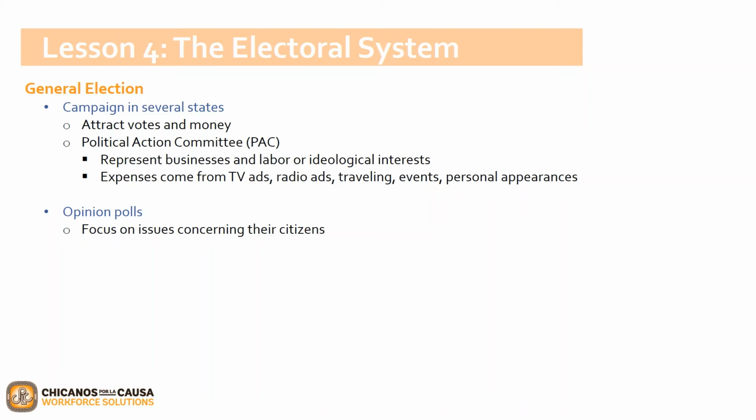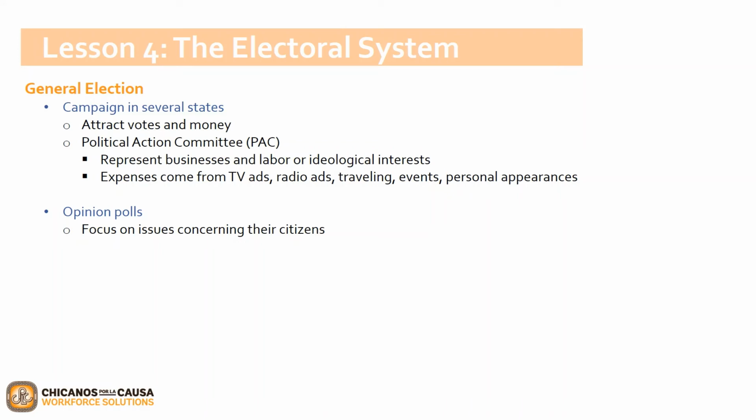As a result of the high cost in campaigning, laws were put in place to restrict the amount donated to committees to prevent any illegal activity. Some of the expenses that nominees see come from TV ads, radio ads, traveling, events, and personal appearances.